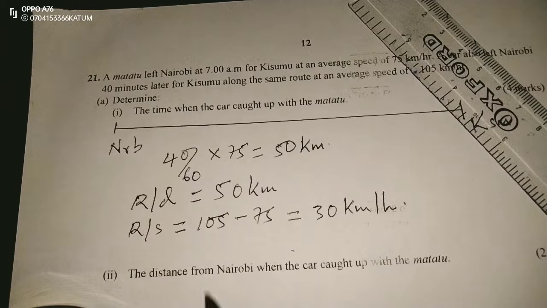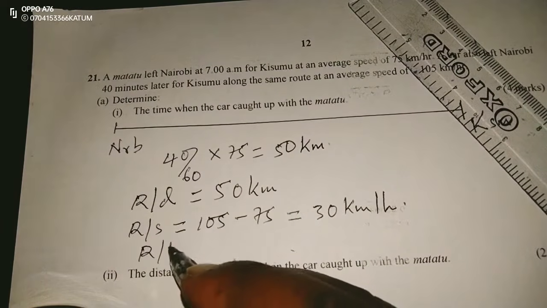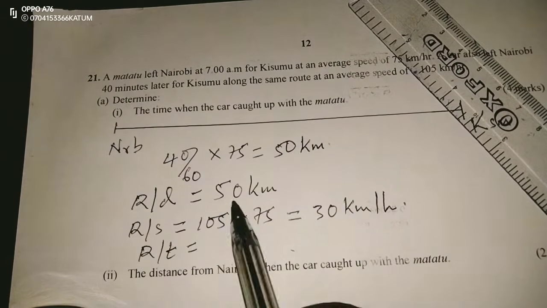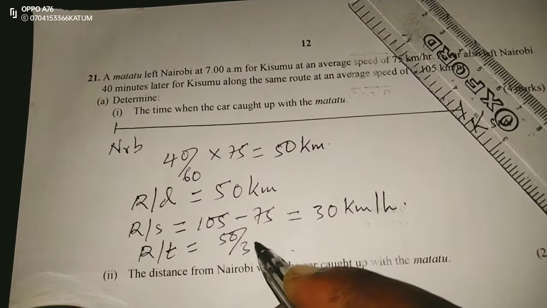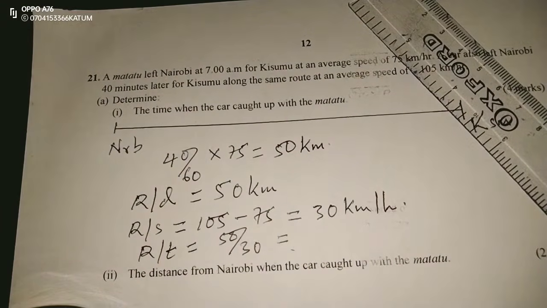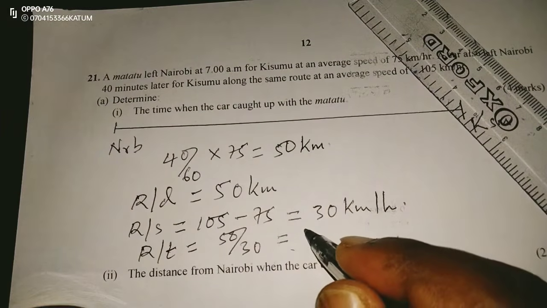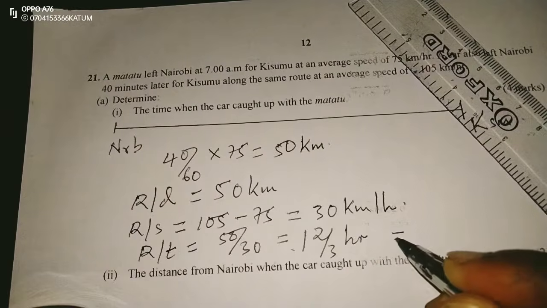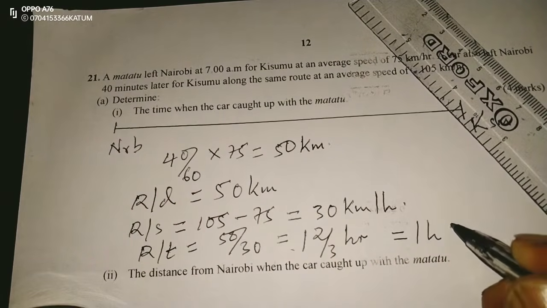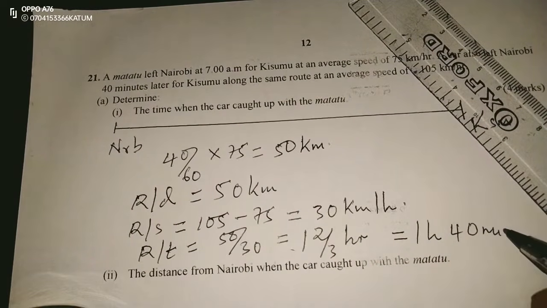Now we can get the relative time, the time they will take to narrow down the relative distance between them. A distance over speed. So 50 over 30. This is going to be 1 2/3 hours, which is equivalent to 1 hour and 40 minutes.